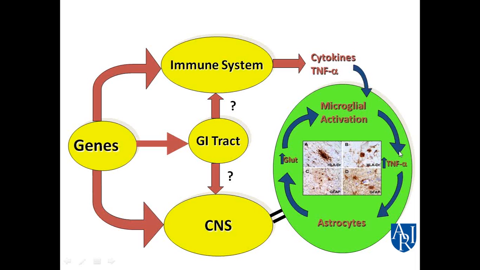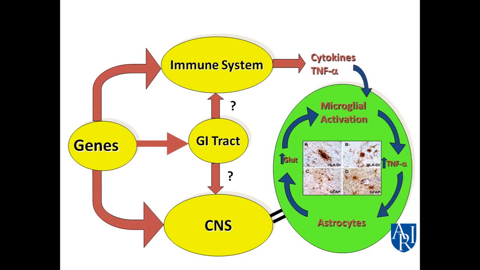We thought that the expression of TNF-alpha, for example, a pro-inflammatory cytokine, would stimulate astrocytes, and that the astrocytes would then produce an increase in glutamate, glutamate being a major excitatory neurotransmitter, and then subsequently glutamate would perpetuate microglial activation.